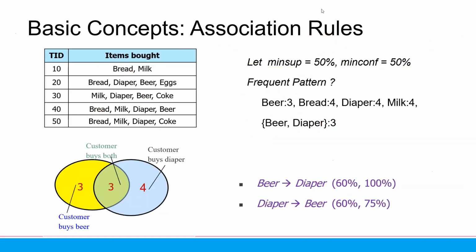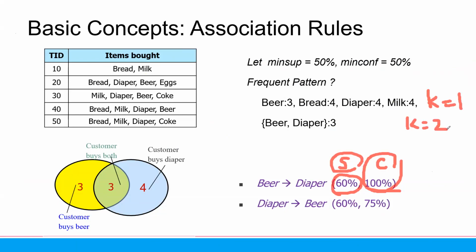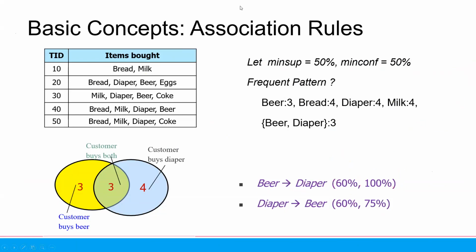So how can we calculate the support and the confidence? For the support, you can use k equals 1. But in order to calculate the confidence, you need to start from k equals 2. Here I want to check if someone bought beer, he or she will buy diaper.